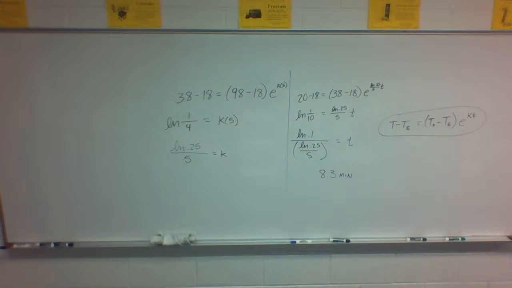All right. Example 7 is more like real life when you have to use this, but it's also more difficult, so pay attention here. It says a temperature probe, which is a thermometer. We're not doing a dead body, we're just doing a cup of coffee.